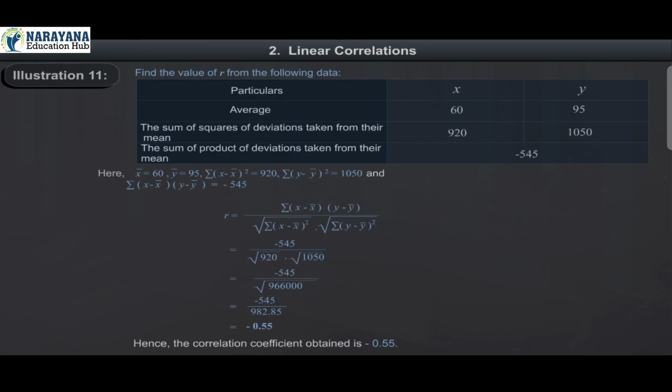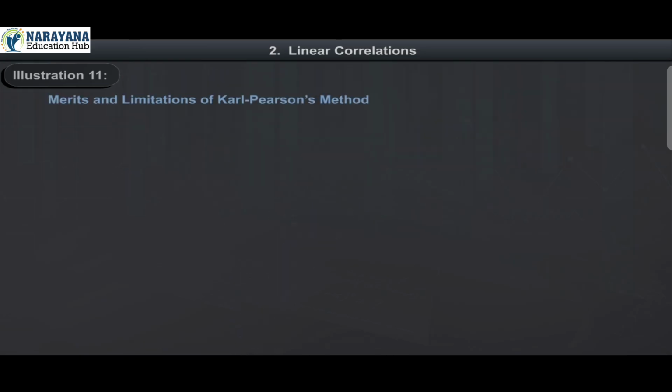Hence, the correlation coefficient obtained is minus 0.55.